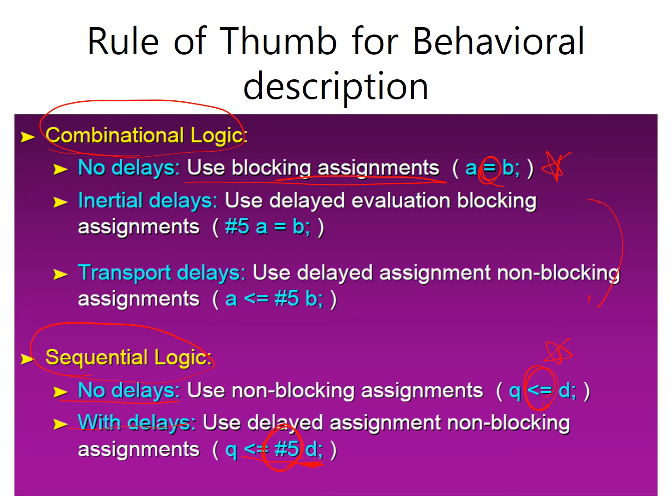In combinational logic, if you want to model the delay, for the inertial delay model, you use #A equal B. For the transport delay model, a non-blocking statement #B. This kind of thing might be tricky. So as a rule of thumb, we don't want to use non-blocking description inside the combinational logic. But if you really want to model the transport delay in your code, you have to use a statement like this.